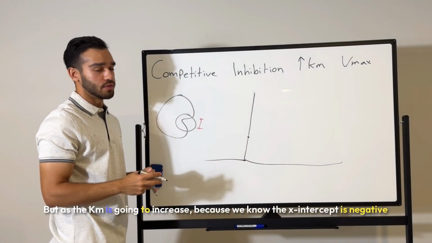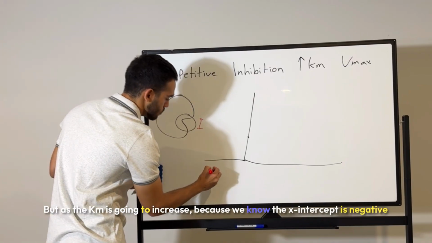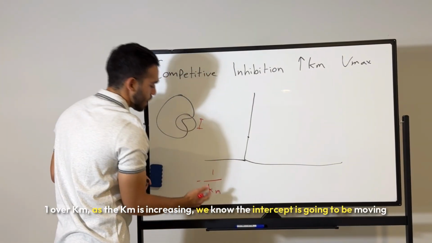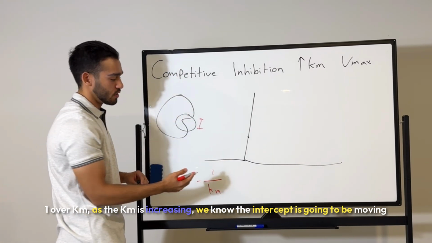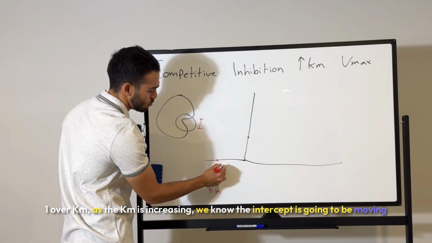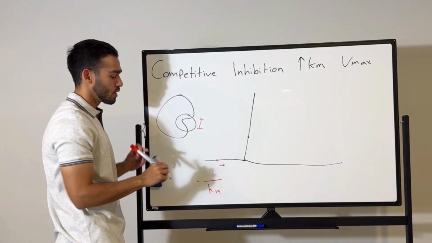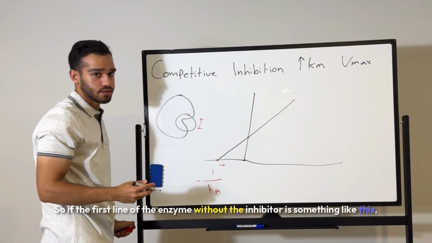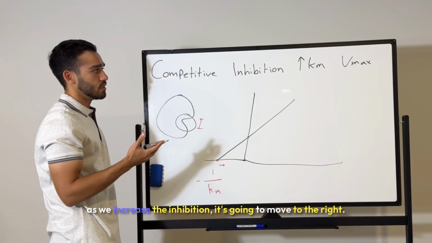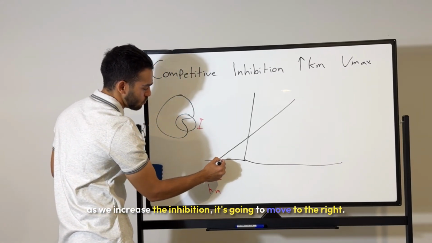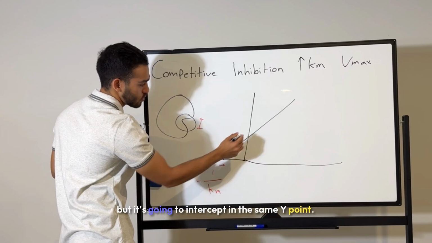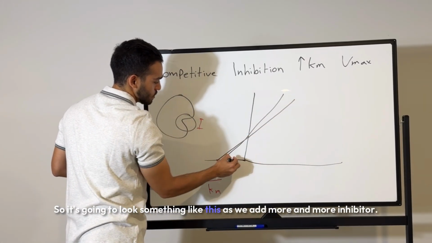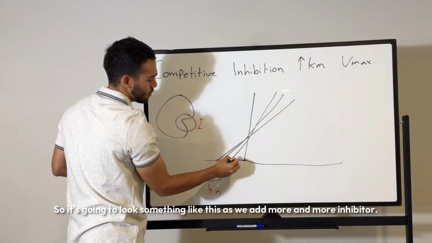But the Km is going to increase, and because we know the x-intercept is negative 1 over Km, as the Km is increasing, the intercept is going to be moving closer and closer to 0. So if the first line of the enzyme without the inhibitor is something like this, as we increase the inhibition, it's going to move to the right, but it's going to intercept at the same y point. So it's going to look something like this as we add more and more inhibitor.